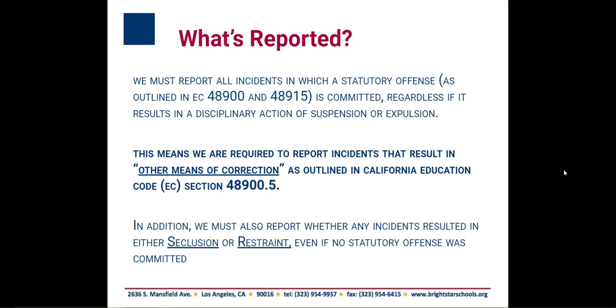Several years ago that changed, so we were also required to report incidents that result in what are called other means of correction, as outlined in Ed Code 48900.5. In addition, more recently, we're also required to report any incidents that resulted in either seclusion or restraint, which we'll go into in some time, even if no statutory offense was committed.